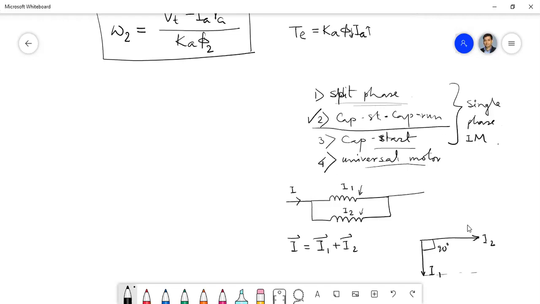Are you getting it? So this will be I. So this is one option. That means you are making coil number 1 fully inductive and number 2 resistive. By that you can split the phase.